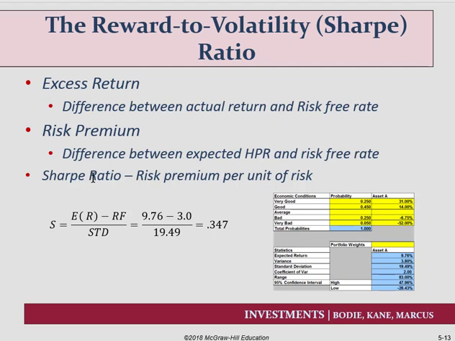So the Sharpe ratio is a measurement of reward. Take the risk premium, in this case we take the return minus the risk-free rate, and divide it by the standard deviation. So in this case, the risk-reward ratio, or the Sharpe ratio, is 0.347.